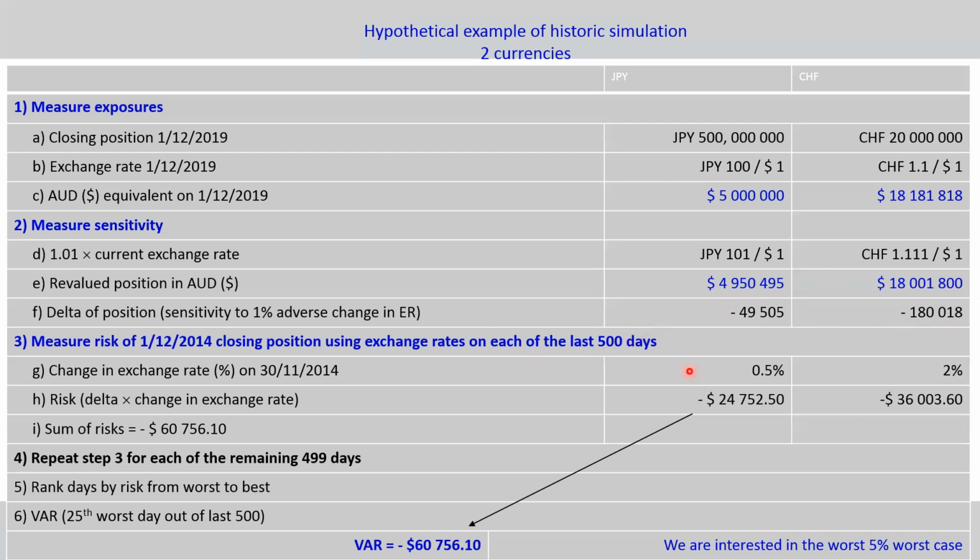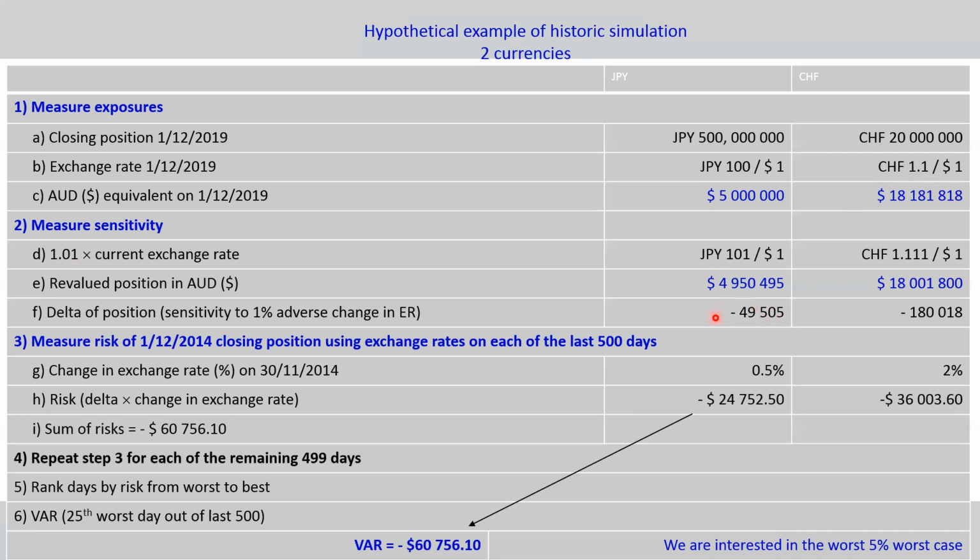And when I take it for the past 500 days, I will see how much is the change. Is it 1%? Is it 50 basis points? Is it 30 basis points? Which means the depreciation in the yen and the depreciation in the Swiss franc. How much was the change or the increase?